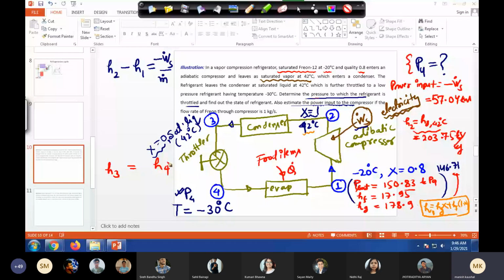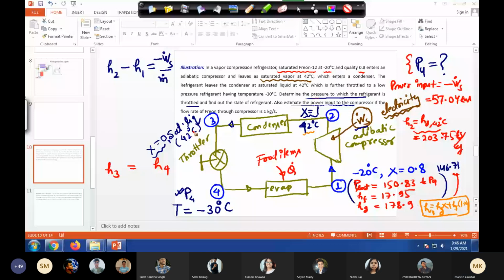So H3 we can calculate because it's a saturated liquid, meaning X equal to 0 at 42 degrees Celsius. So can anyone tell me what is H3? I have noted it down. Since it's a saturated liquid, it's 77.146.